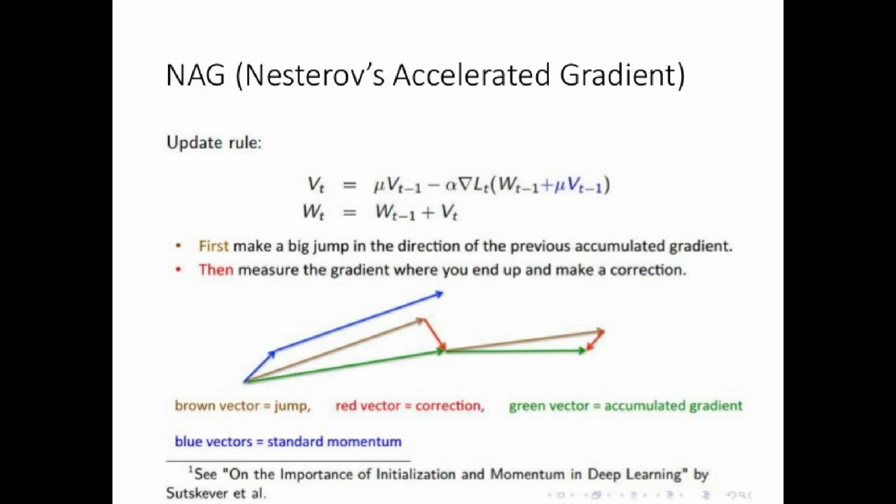Also note that there is little difference in the progress of both Nesterov's accelerated gradient and momentum along the horizontal direction of the quadratic, due to the fact that the gradient changes only very slowly along this direction. Nesterov momentum can be defined with the following update rule.